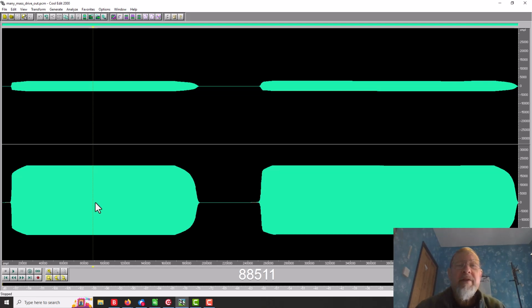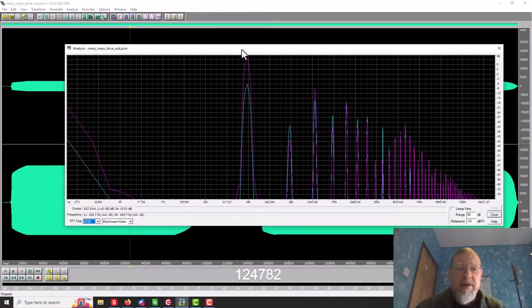It probably is a little flat. Let's have a look at this. So, yep. See, the biggest peak is at 440. I'm starting to like this.